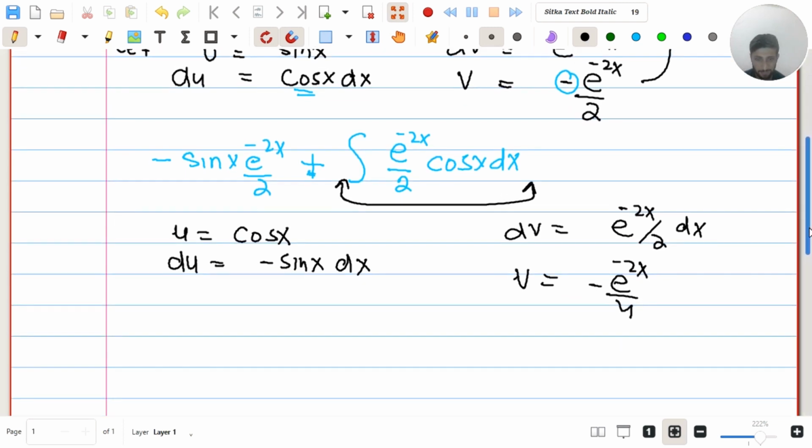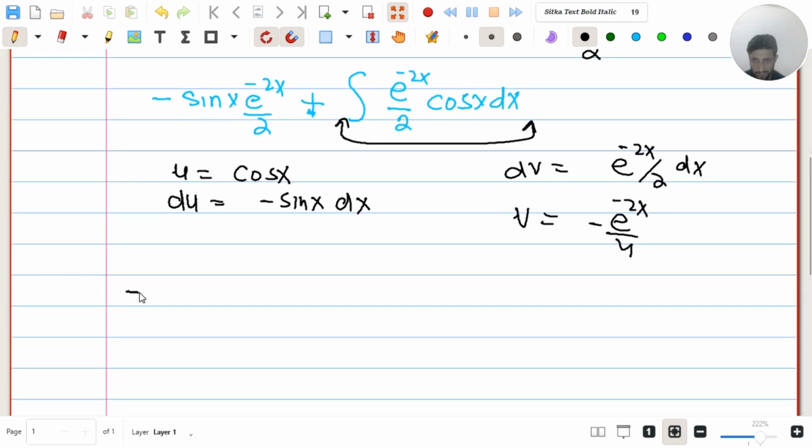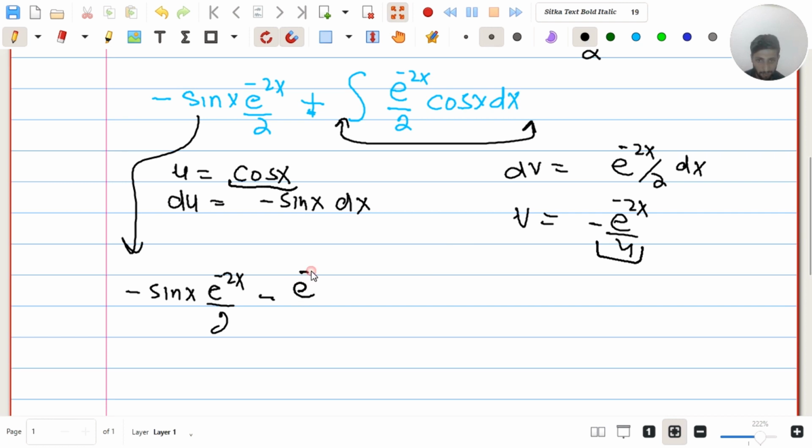Now just plug in the values again. You will get minus sine of x e to the power minus 2x divided by 2, plus or minus this uv. Your u is cos of x and your v is e to the power minus 2x divided by 4, and minus the integral of e to the power minus 2x over 4 sine of x dx plus c.